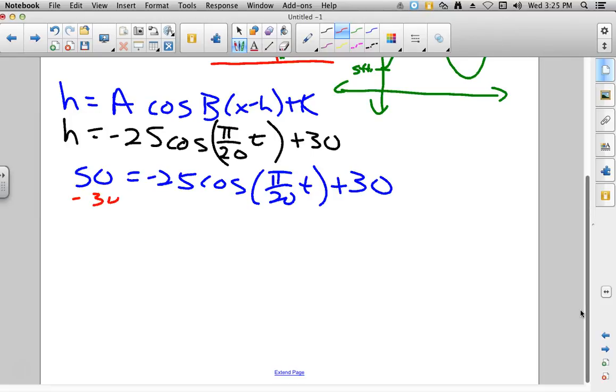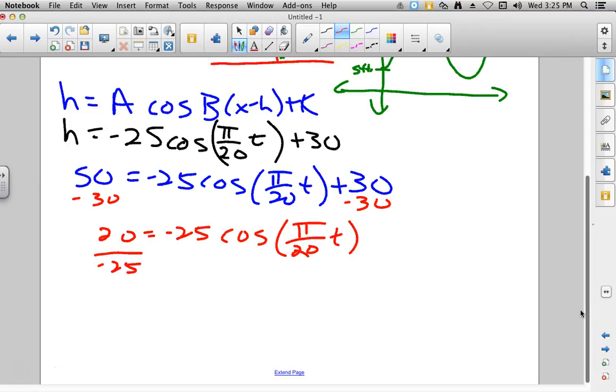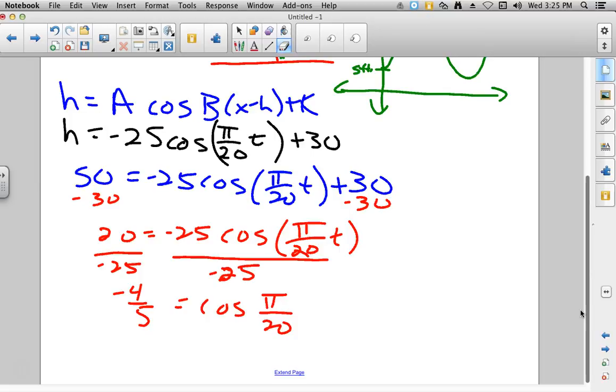I subtracted 30 from both sides, and then divided by negative 25. And this was a little bit easier to get into the calculator and make the window work really well.